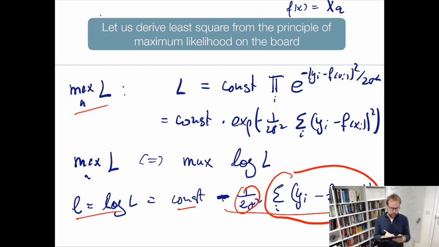So what I've really seen is that maximizing the likelihood is effectively equivalent to minimizing this term here, which is nothing else than our familiar expression from least squares. Oh, I apologize, there's some delay in this showing up, so hopefully it will show up in a second.